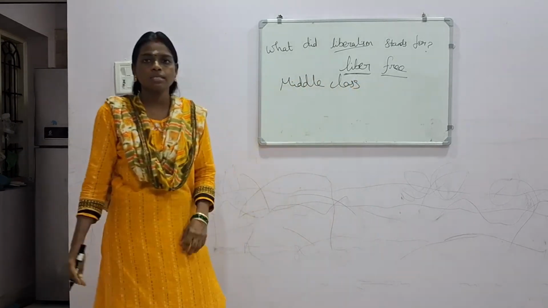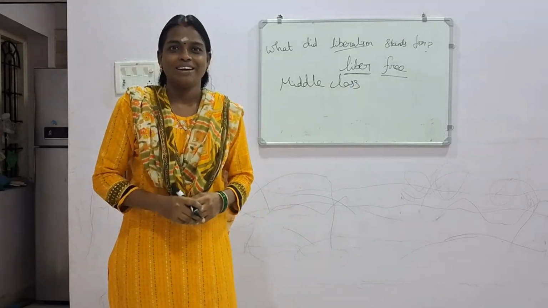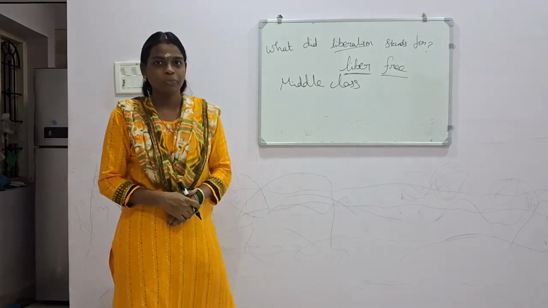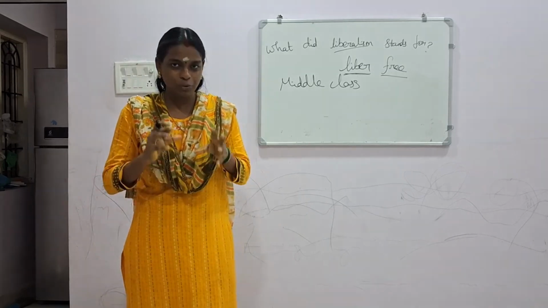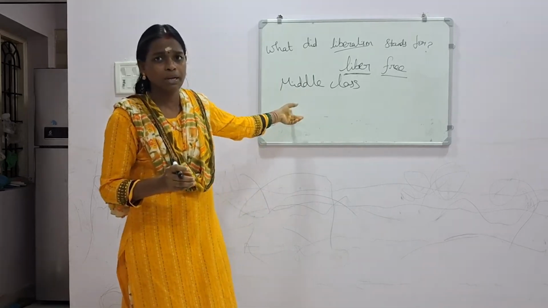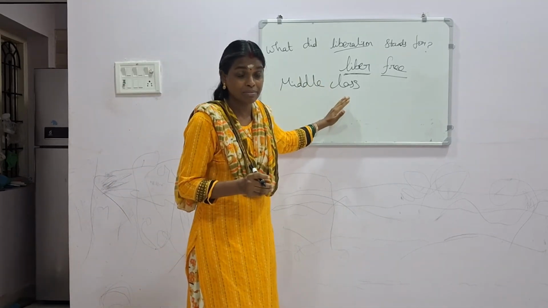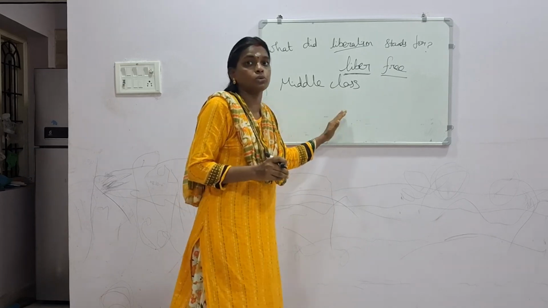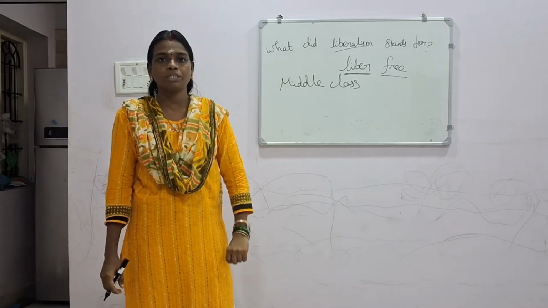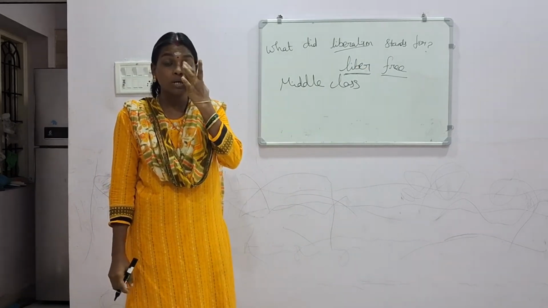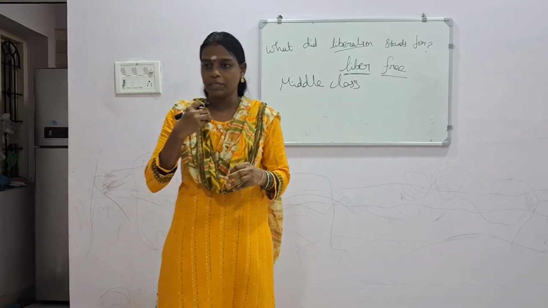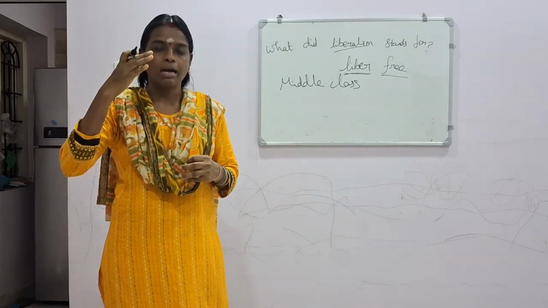The middle class thought liberalism means individuality and equal rights in front of the law, equality in front of the law. This was the understanding they had of the term liberalism. The second perspective was the rulers' thought: whatever decision we bring has to be agreed by the people.